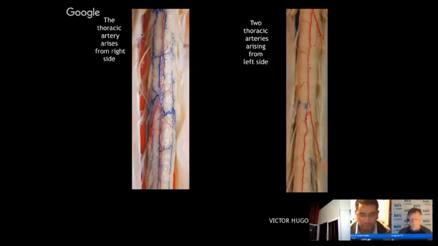In the left photograph, the thoracic artery arises from the right side. The thoracic artery is arising from the left side in the right picture. The thoracic artery is of small caliber.